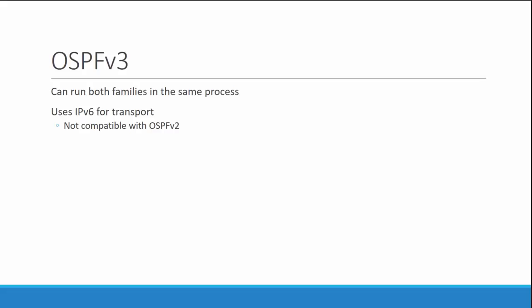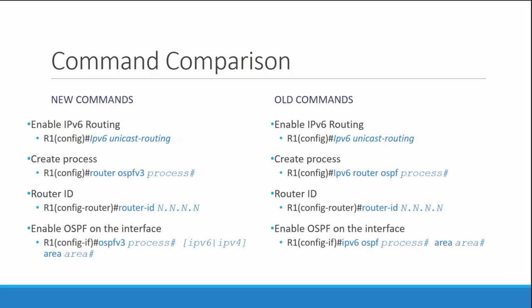I'm running the original OSPF. They actually won't communicate with each other because OSPFv2 uses IPv4 as its transport mechanism, whereas OSPFv3 uses IPv6 for its transport mechanism. So just a couple things. Well, let's go ahead and look at how they're different.